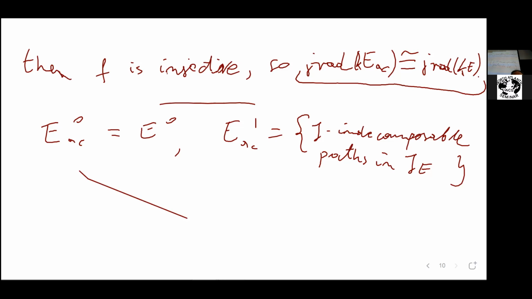Okay. And then you can check that it's an algebra homomorphism, and you can check that it's injective when all paths in JE are J decomposable. And Anya will explain why it fails to be injective when this assumption is missing.